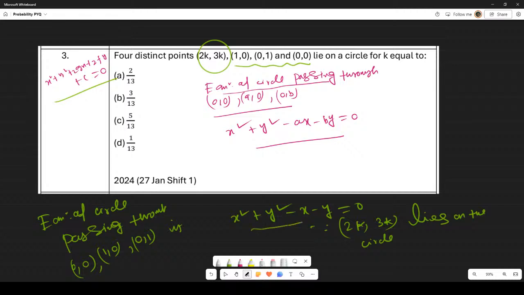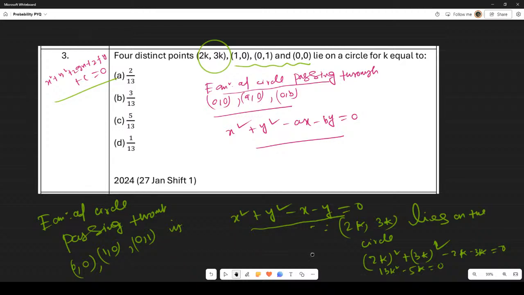Since it lies on this circle, the circle equation must be satisfied by these values. 2k whole square plus 3k whole square minus 5k. So this is 4 plus 9, 13k square minus 5k equal to 0.